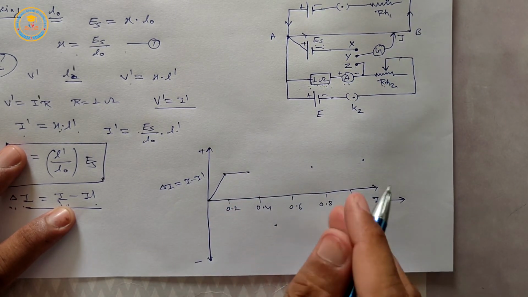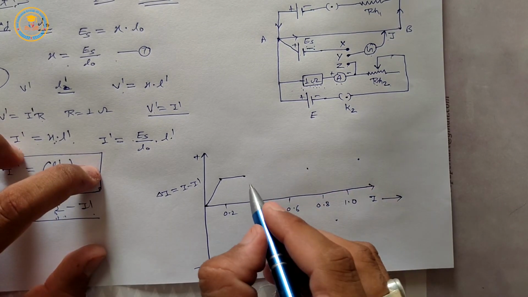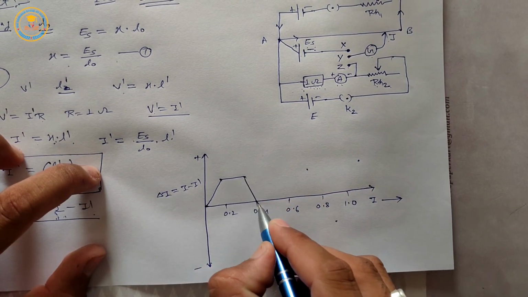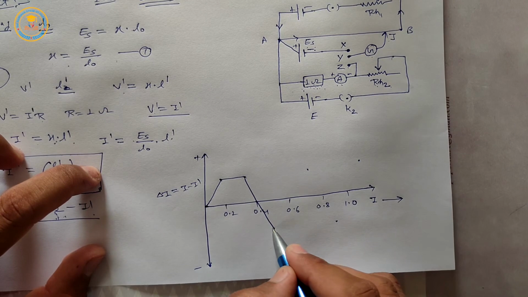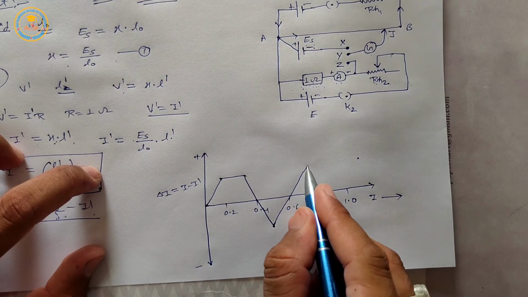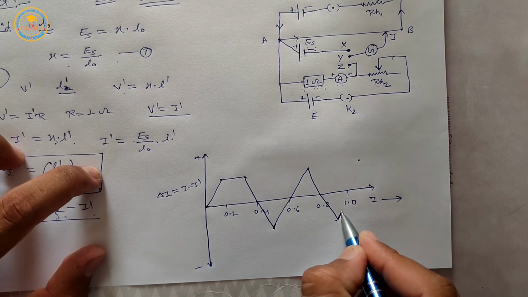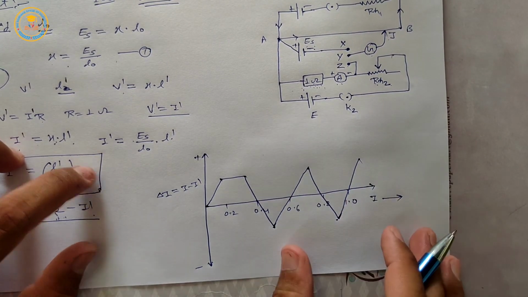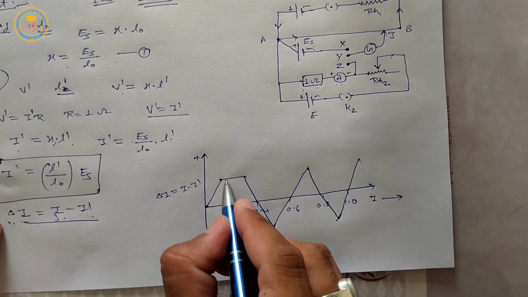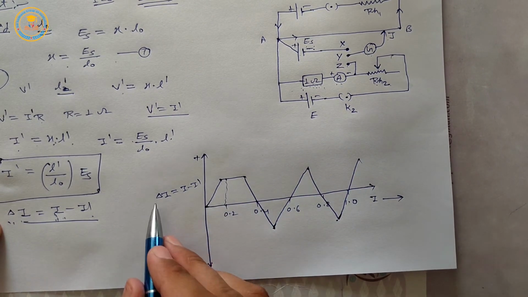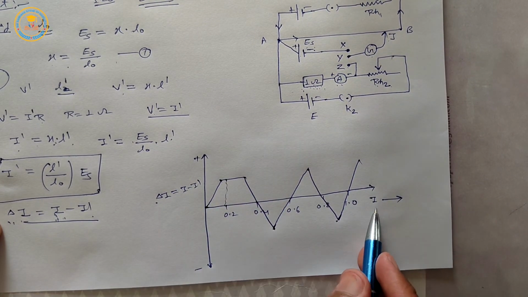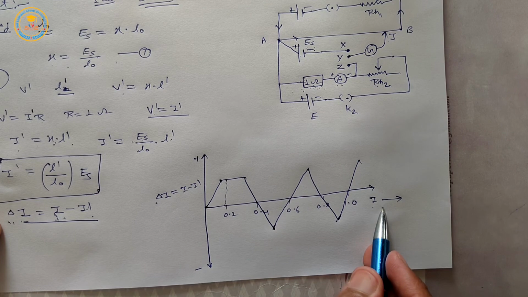This is the calibration graph of an ammeter that we get from the error in observation of the ammeter.